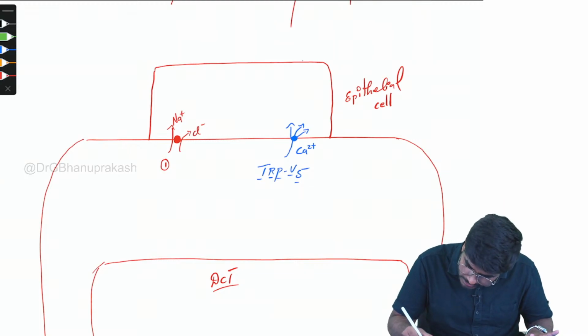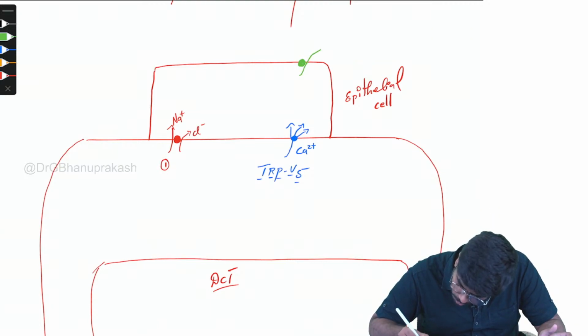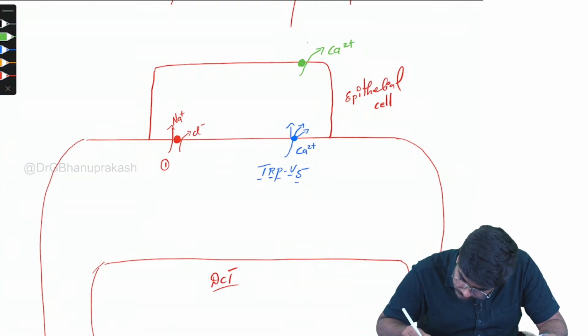Now, the third important transporter, which is present here on the basolateral membrane. What is it doing? It is throwing the calcium out and bringing sodium into the cell.